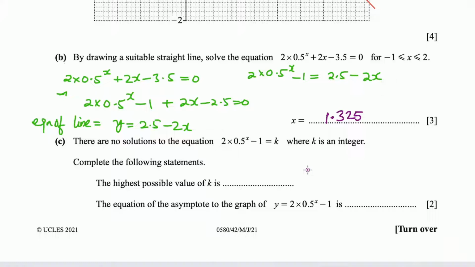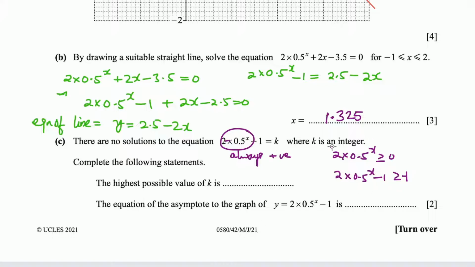There are no solutions to the equation 2 into 0.5x minus 1 is equal to k, where k is an integer. So if you think about it, this is an exponential and this is always positive. And so if it is always positive, that is 2 into 0.5x is greater than or equal to 0. So 2 into 0.5x minus 1 will always be greater than or equal to minus 1.